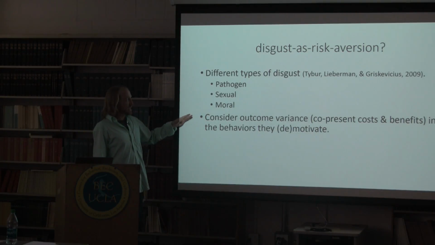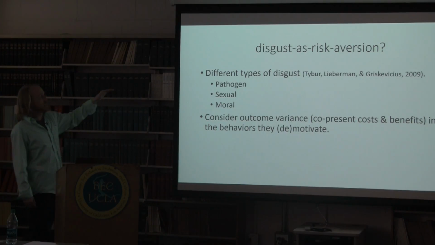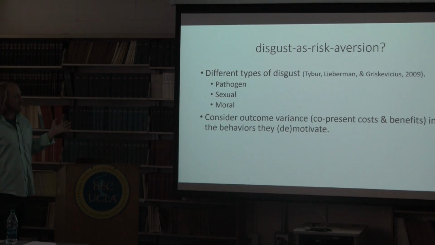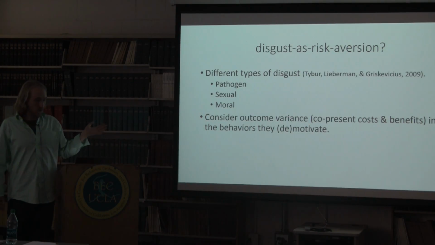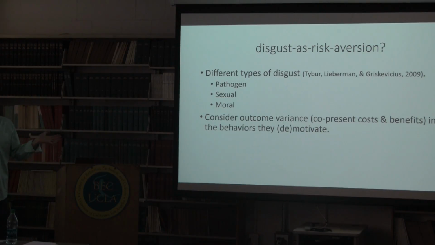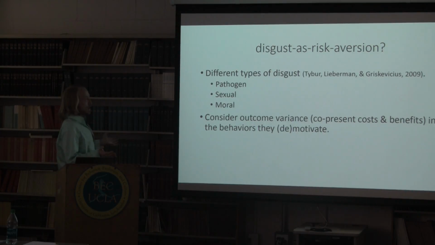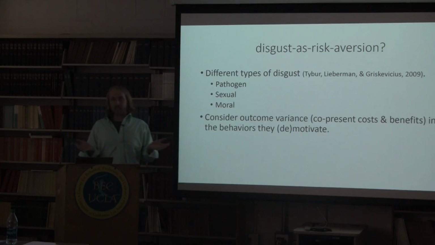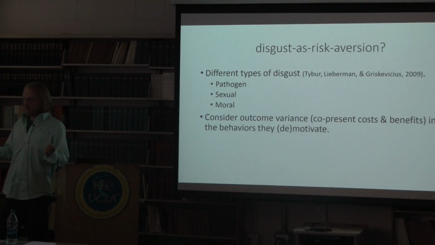So let's take a second and think about what kind of behavior disgust motivates in each of those domains. Pathogen disgust: I've got a sandwich and I drop it on the floor, and it scatters, and I've got to put it all back together. Do I eat it? Presumably disgust motivates not eating it, and not feeling disgust may lead to eating it.